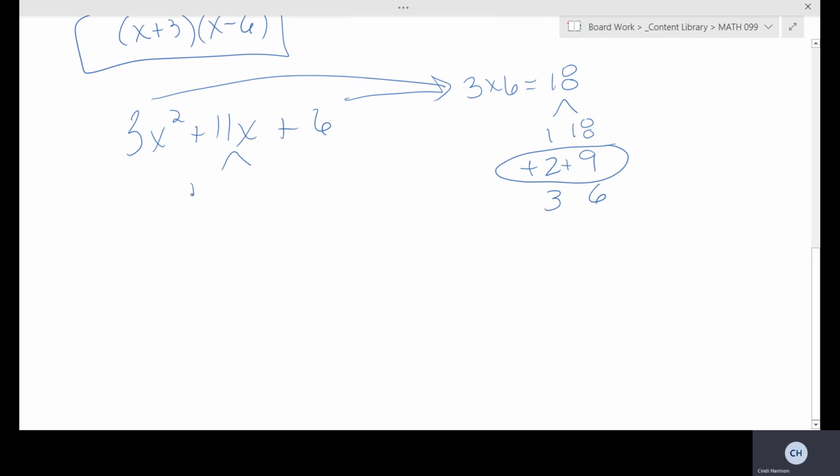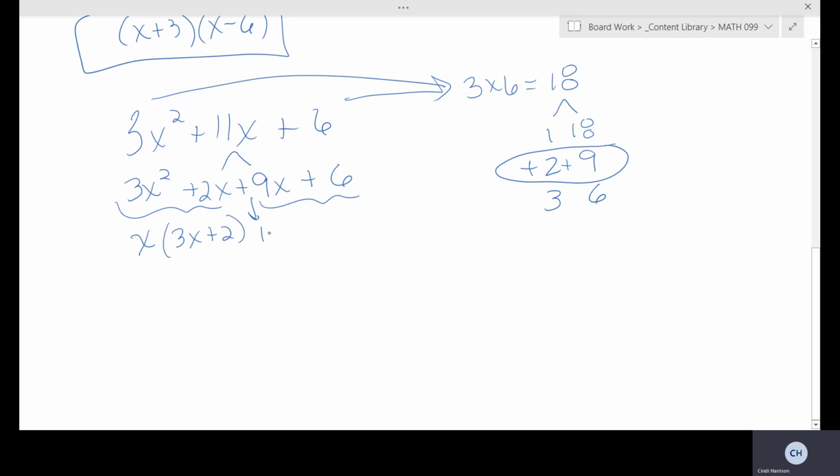Replace this middle term with positive 2x plus 9x. So again, we're not changing our expression at all. We're just rewriting it. So now I'm going to separate into pairs, factor each pair. So here I can factor out an x, and that leaves 3x plus 2.